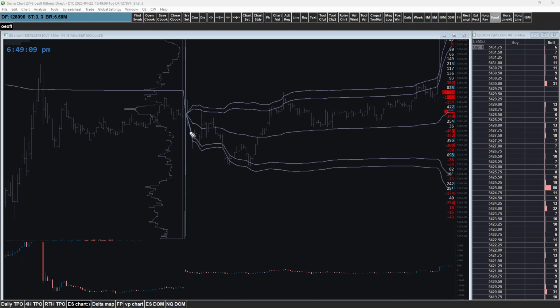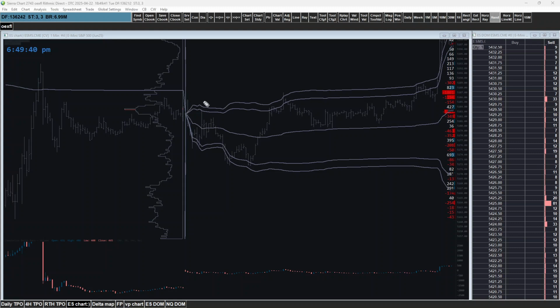When we trade above the standard deviation band, we're overbought. If we're trading below the standard deviation bands, we're oversold. In overnight, I love trading between the standard deviation bands, because as you can see, every time we hit the outer band, we're trading away from it.